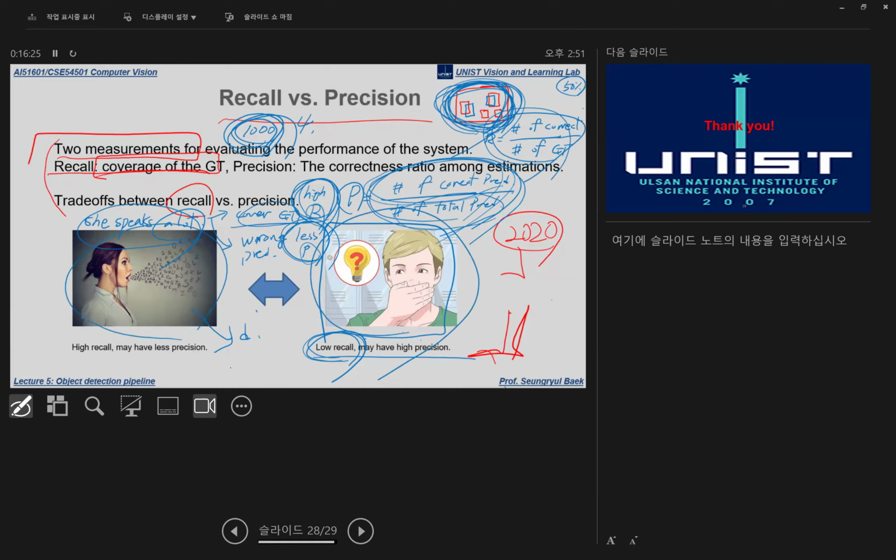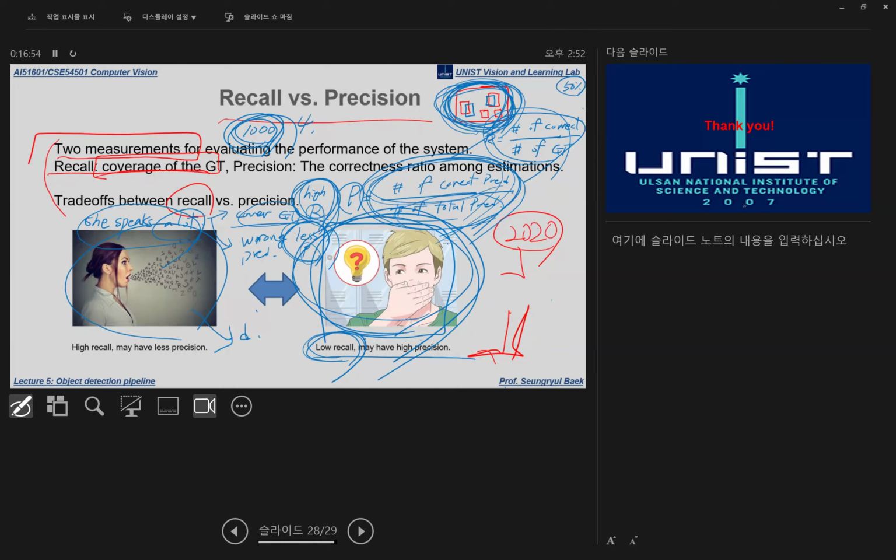There is some trade-off between precision and recall. So we have to simultaneously consider these two measurements carefully. But the thing I want to tell you is the YOLO algorithm is more like a person who speaks less. They are not telling much. So in the aspect of precision, their precision could be very good.